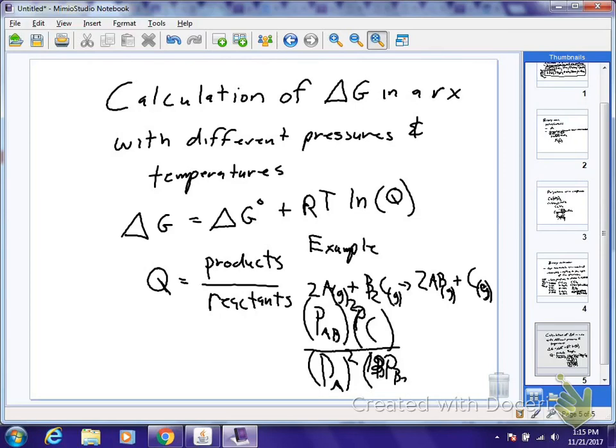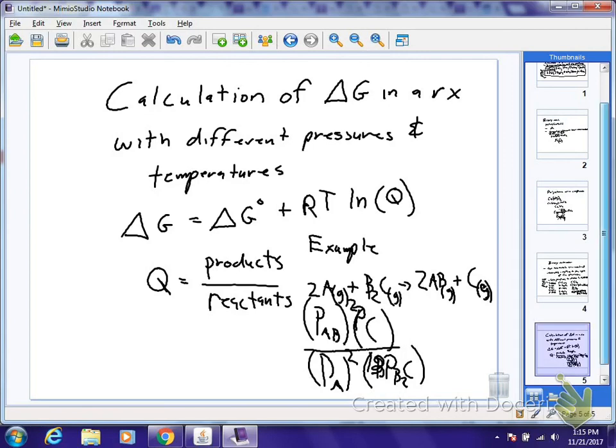Actual numbers work better, I understand that. So we'll take this squared times this, divided by the products' pressures squared. I know that's a lot of gibberish, but it's not that hard to figure out when we do our example.